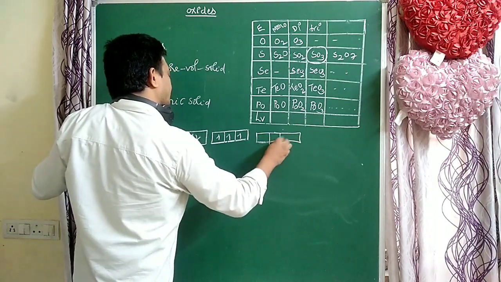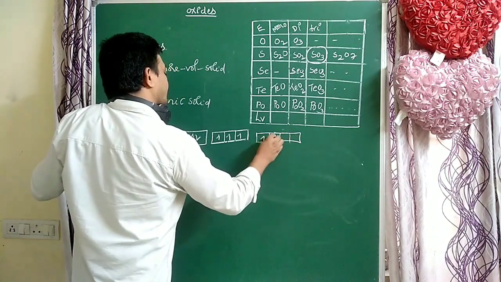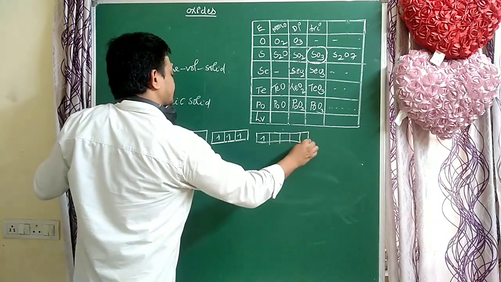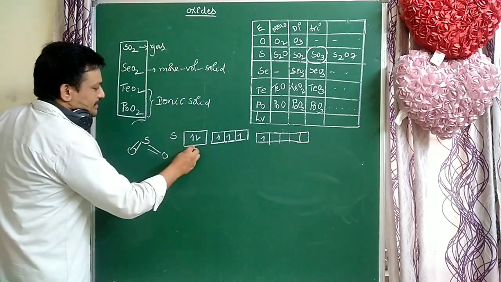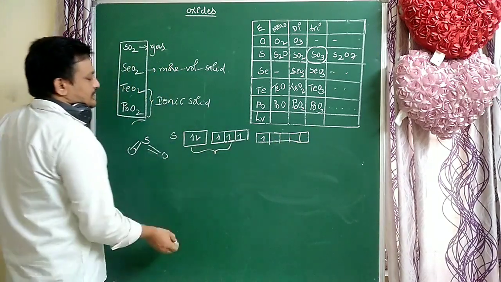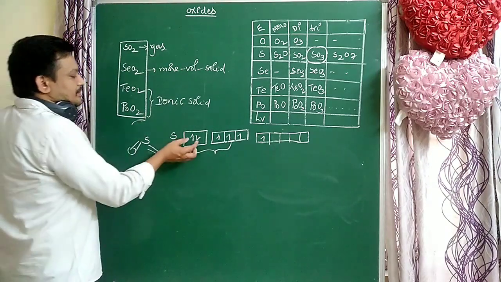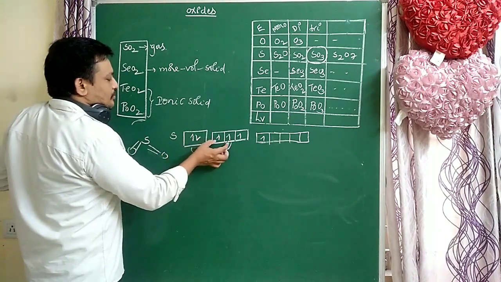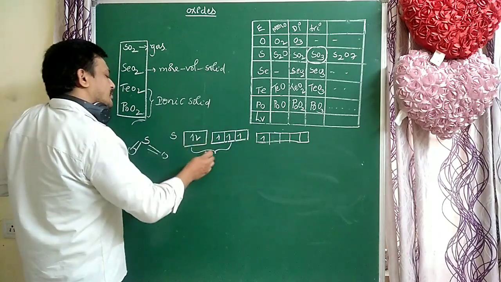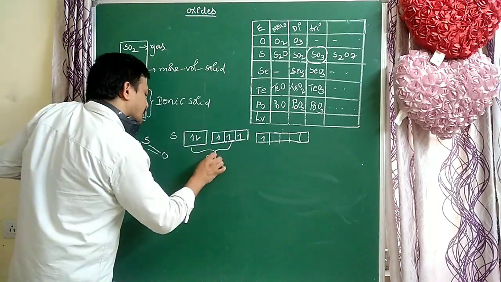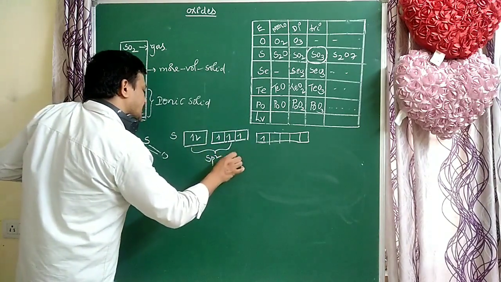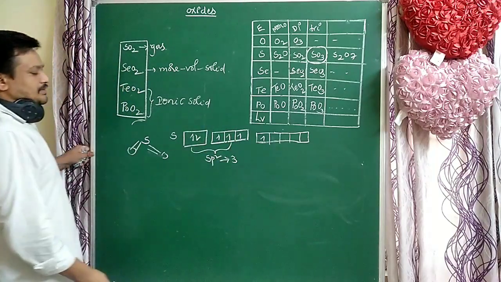One s orbital and 2 p orbitals are involved in hybridization to form 3 sp2 orbitals.